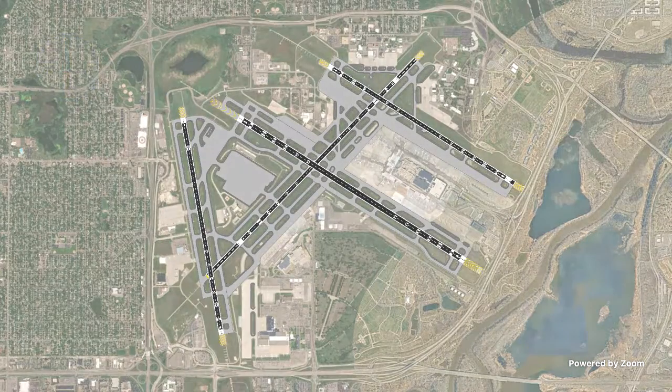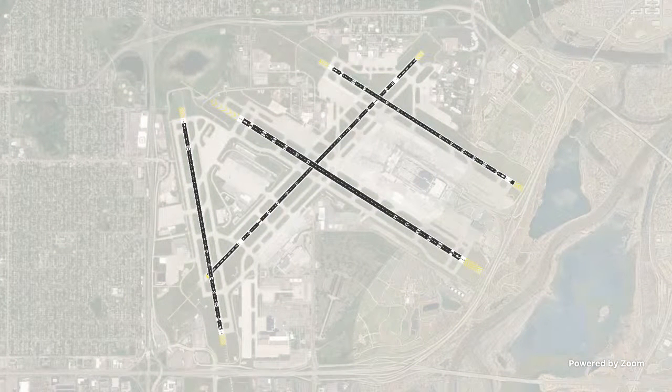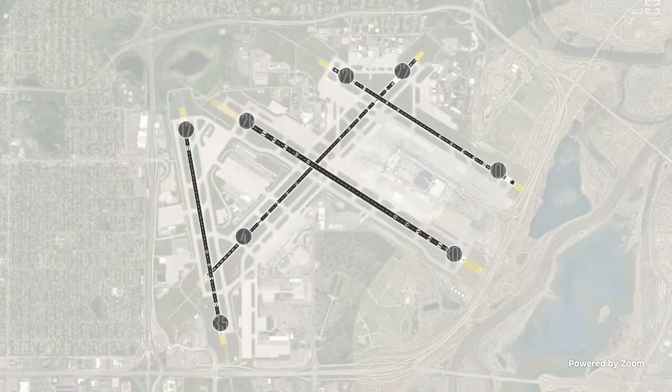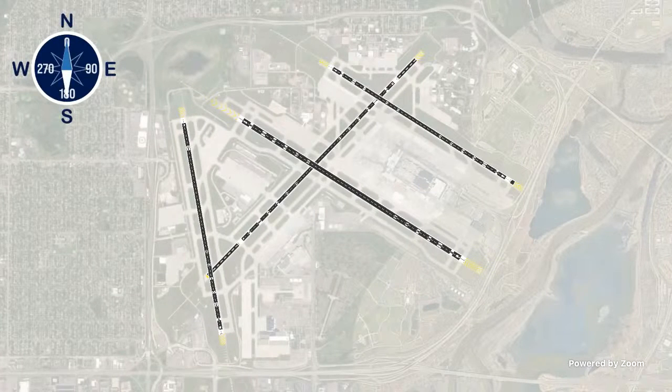As shown in this animation, MSP has 4 runways. Each runway end is treated separately, which means there are actually 8 surfaces. Runway identification is based on the magnetic compass heading the aircraft is facing as it lands or takes off.